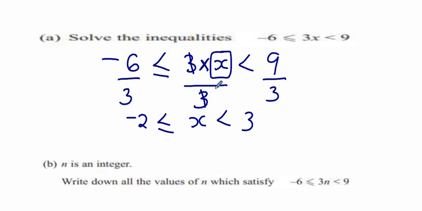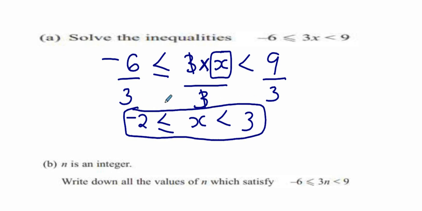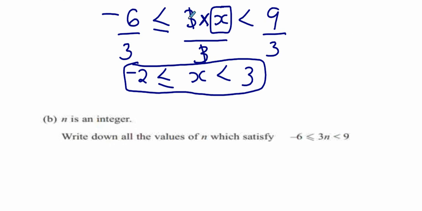Now, suppose the question was to represent this information on the number line. The work would be easy. We are going to represent all the numbers on the number line which are between negative 2 and positive 3.